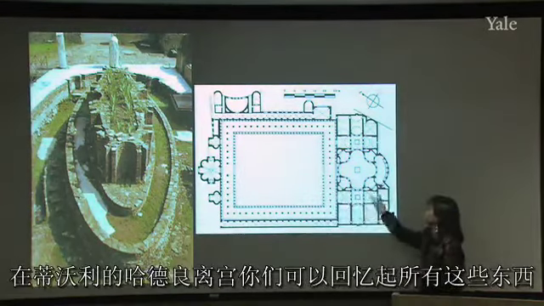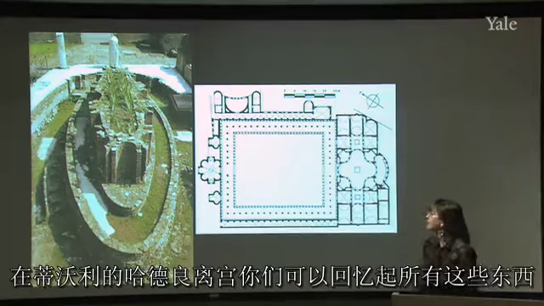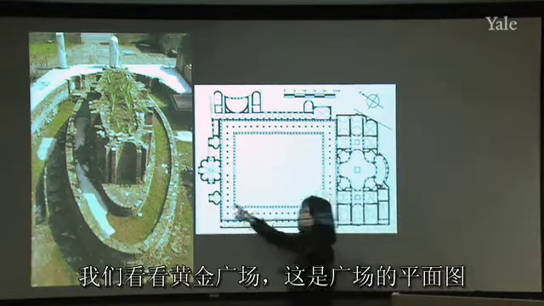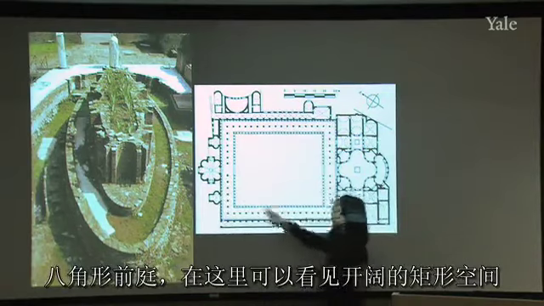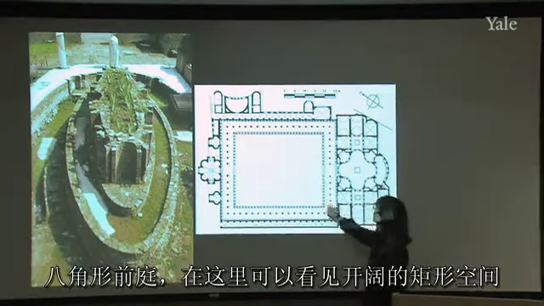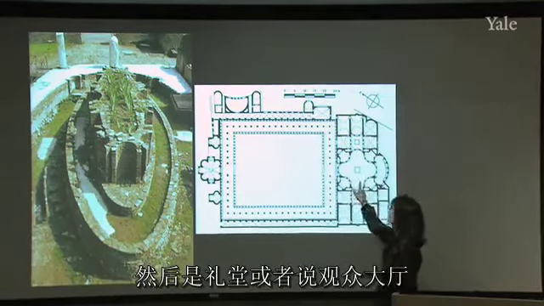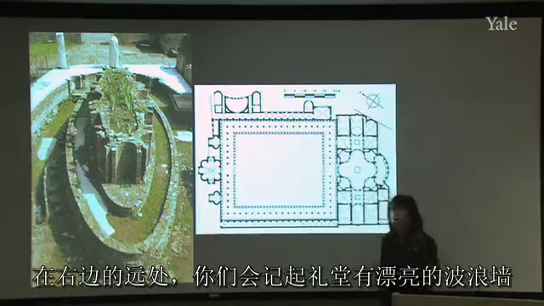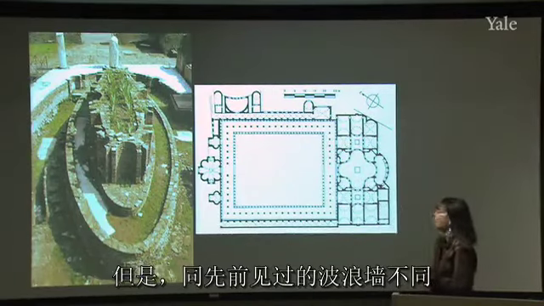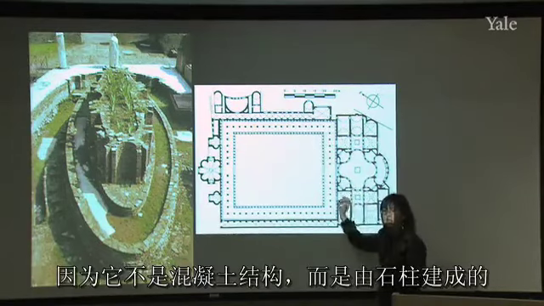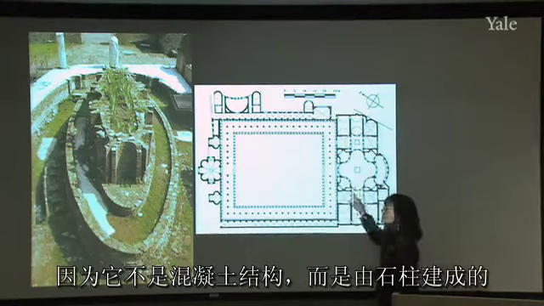And a place where it all comes together, you'll recall, is at Hadrian's Villa at Tivoli. We're looking here at a plan of the Piazza d'Oro, the octagonal vestibule, the great open rectangular space that you can see here, and then the aula, or the audience hall, on the far right. And you'll remember the aula had these wonderful undulating walls. But what separated the aula from other undulating walls that we had seen earlier is that it was not done with concrete, but was done with columns.